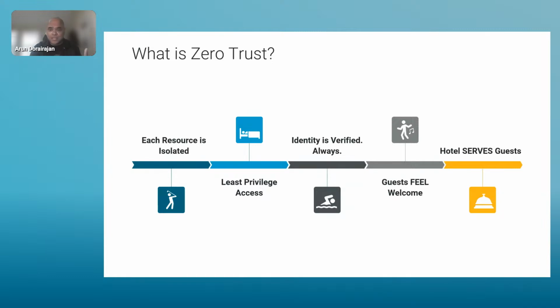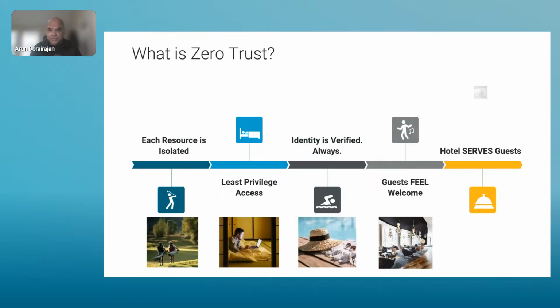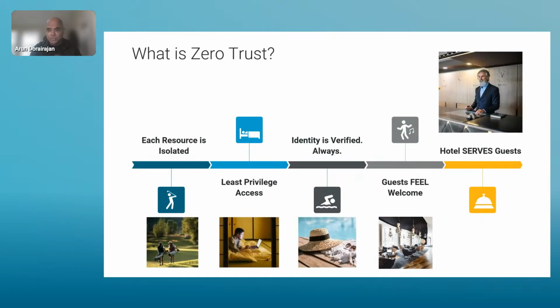You only get the key to your room, not the master key to every door. Identity is always verified, whether it's the front desk or scanning your key card at the elevator. Yet the experience remains smooth. Guests feel welcome, but behind the scenes, controls are tight. And this is the same principle we apply to our APIs and file transfer flows.